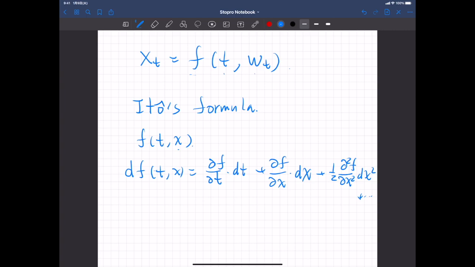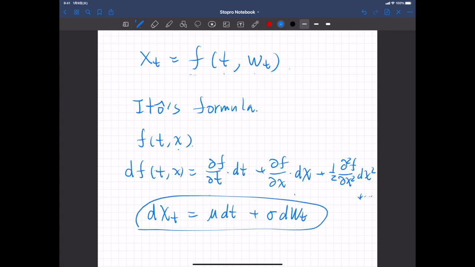There are many more terms, but for the present purpose, these three terms are all we need. Suppose we have this stochastic differential equation to begin with: mu dt and sigma dWt.